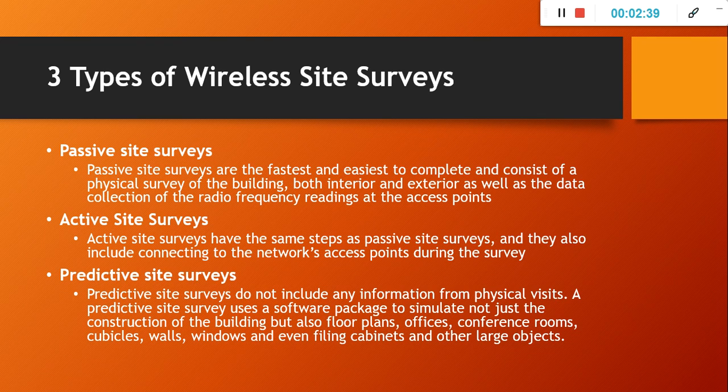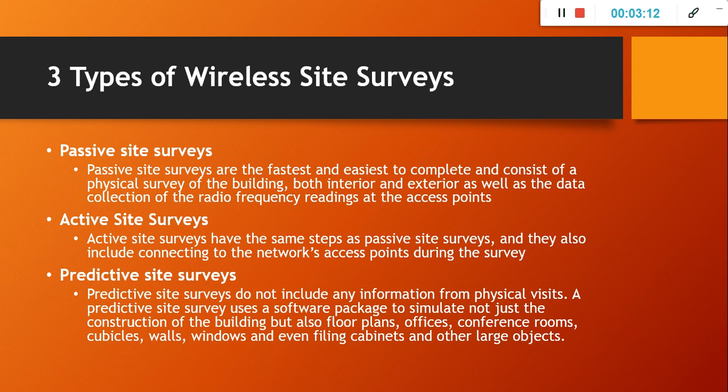The predictive site survey does not include a physical visit. For the predictive site survey, we use professional software or applications such as Ekahau or AirMagnet to simulate the wireless network under certain conditions.